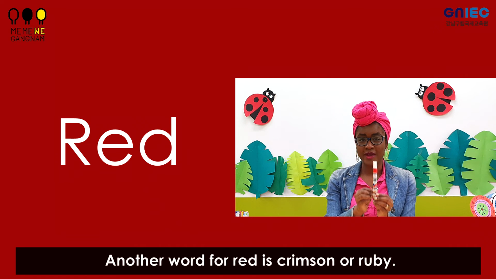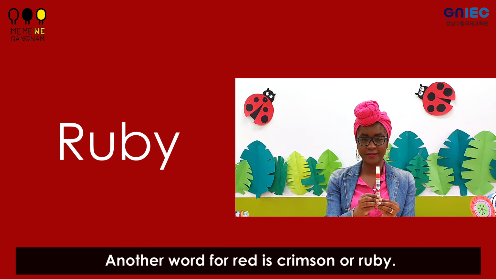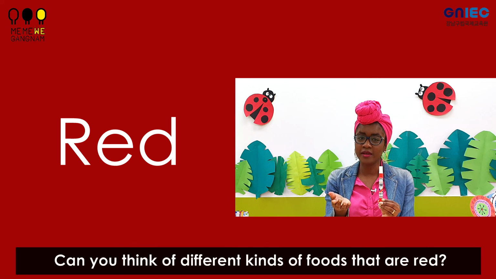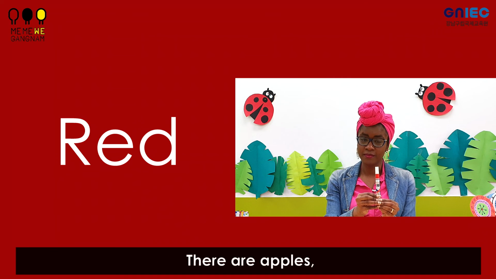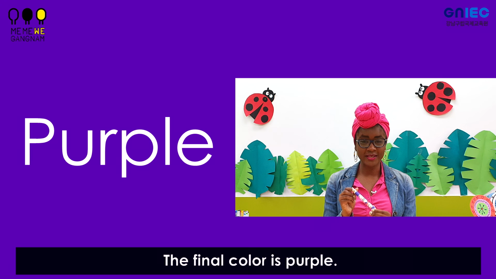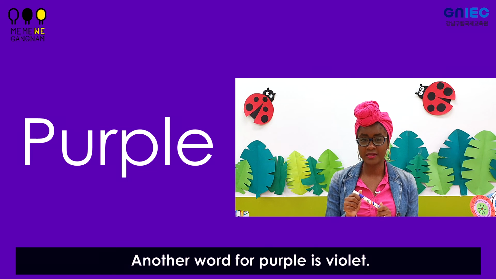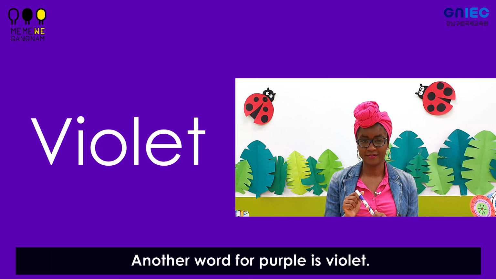Here we have the color red. Another word for red is crimson or ruby. Can you think of different kinds of foods that are red? There are apples, cherries, strawberries, and kimchi. The final color is purple. Another word for purple is violet.